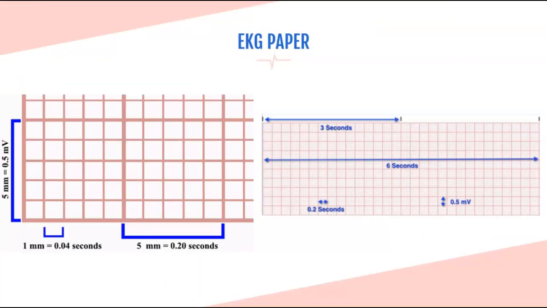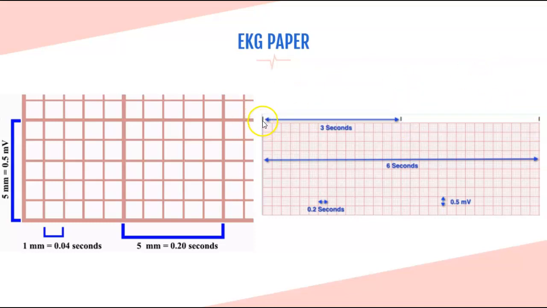When looking at EKGs, you need to be able to read the EKG paper. A small square is 0.04 seconds. A large square is 0.20 seconds. There are also tick marks that you will see on the top of an EKG.